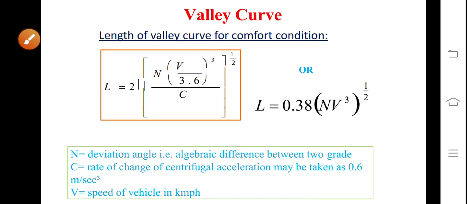Valley curve, let us see this in the next class. However, keep in touch with studies, don't leave it. At least half an hour, just glance through whatever the teacher has taught in the class, through online. At least you have to digest it. At a single stretch, you may not be able to digest fully.